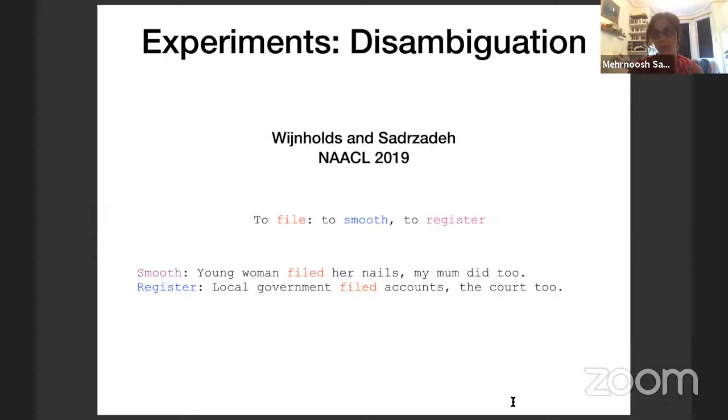So we developed a data set in NAACL 2019 with Gijs Wijnholds. So instead of just having 'young woman filed her nails', you have 'young woman filed her nails, my mom did too'. And obviously in this sentence it is much more clear that file doesn't mean register, but it means smooth.